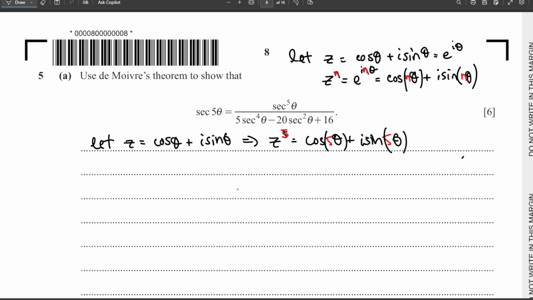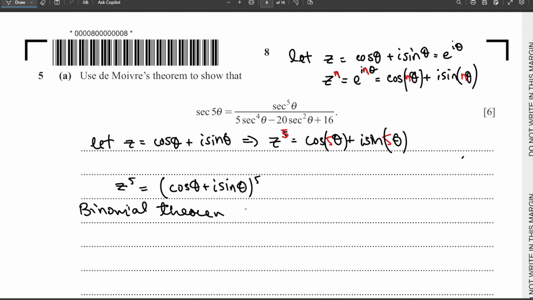Next what we're going to do is manually expand using the binomial theorem. So z power of 5 can also be cosine theta plus i sine theta power of 5, like this. Using the binomial theorem, I hope you guys remember the theorem, right?